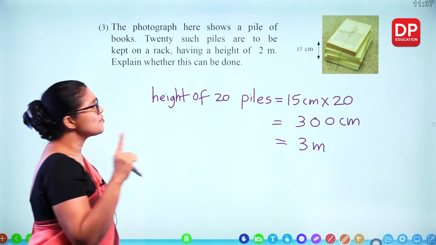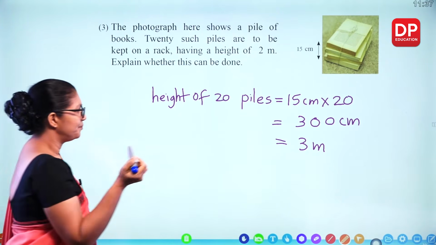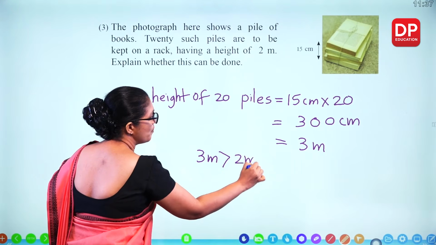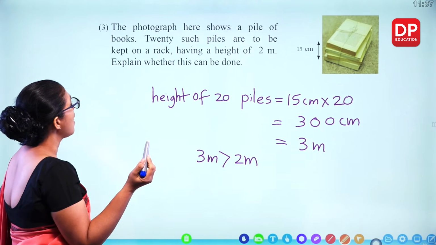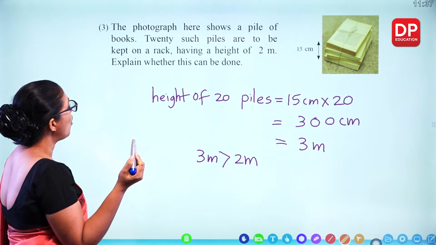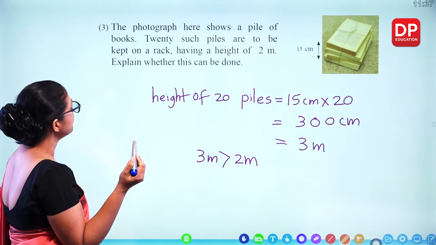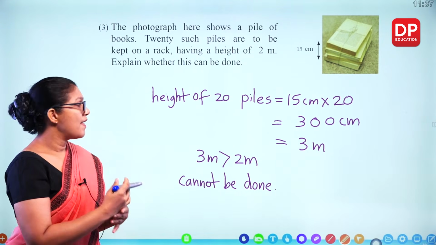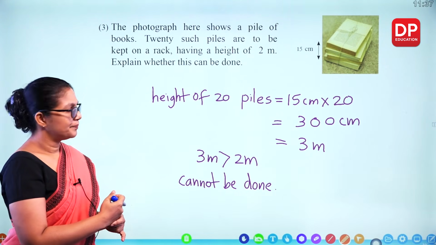But the rack is 2 meters. So 3 meters is bigger than 2 meters. So you can't keep all these piles. Cannot be done. Because the pile height is more than the rack height.